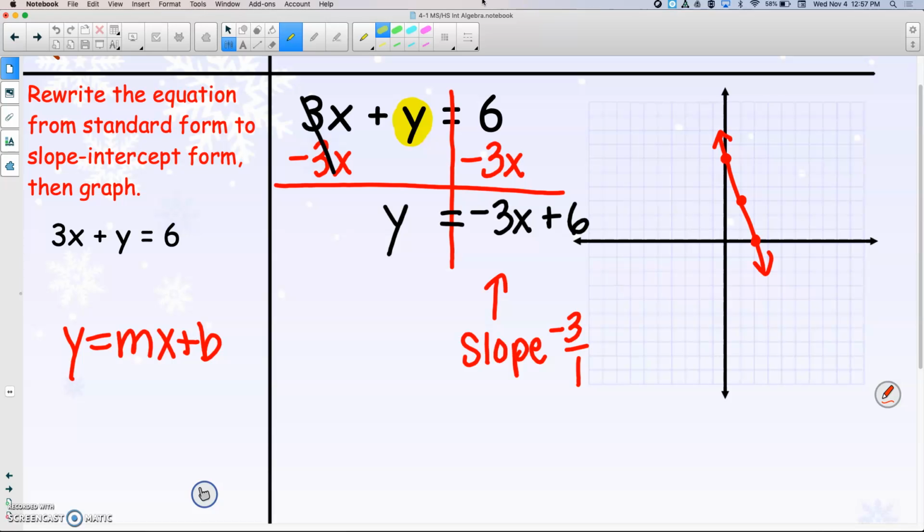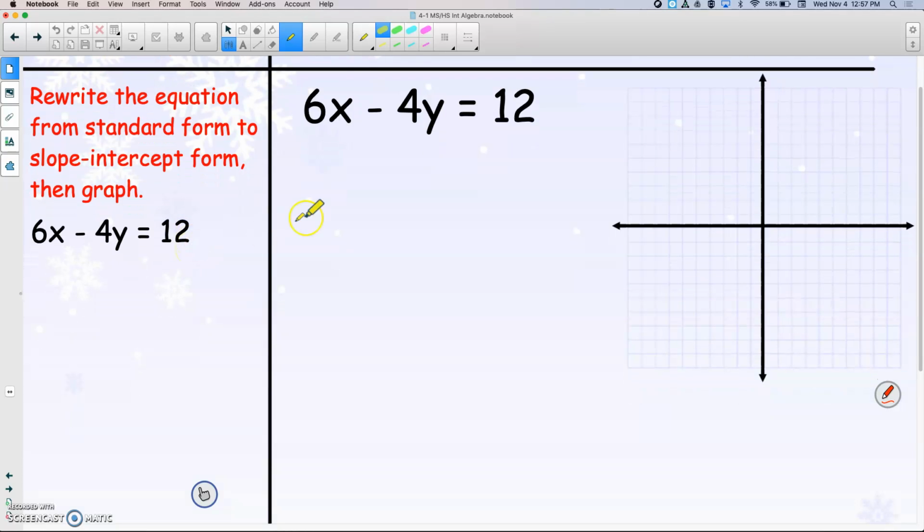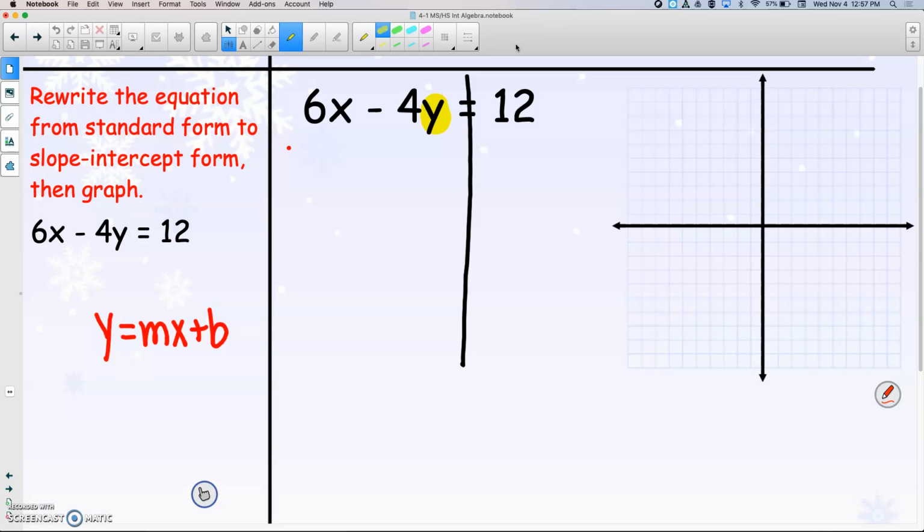So the rewriting piece is back in chapter 2. We learned how to rewrite. So, and we're trying to get these into slope-intercept form. So we're always solving for the letter y. It's just rewriting it from standard form and turning it into slope-intercept because that's an easy form to graph. So subtract 6x.